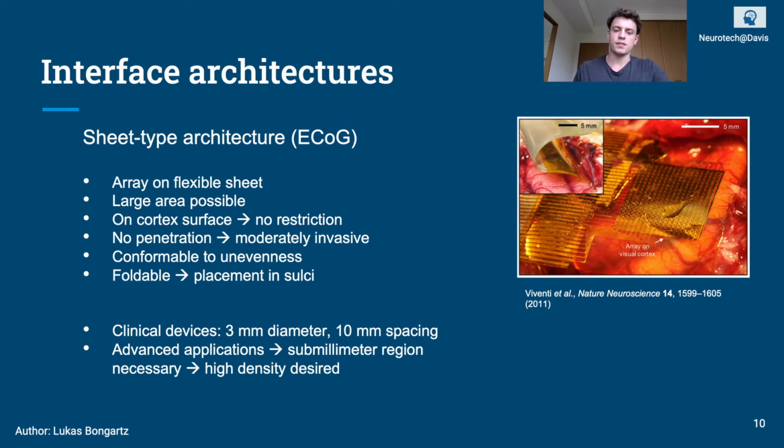But studies have shown that to address very advanced treatments like word decoding and similar, we should provide a sub-millimeter region. So one potential of this method is to cover large areas while also providing a high density.